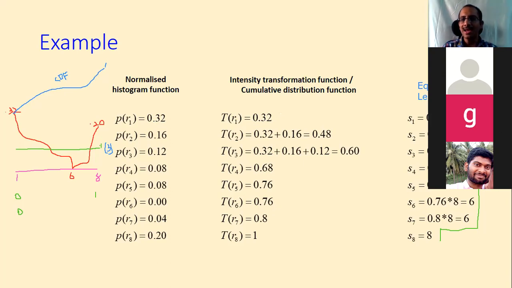If I multiply this, what will I get? Something like 2.56. I just rounded it and put it at 3. Somebody can round by flooring and put it at 2. That is also not a problem, but you have to do it uniformly across all.